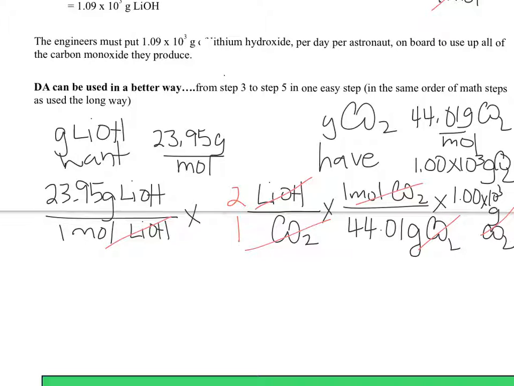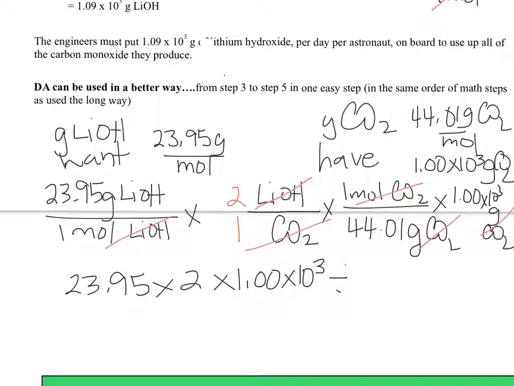So in your calculator, you would take 23.95 times 2 times 1,000 divided by every number on the bottom.